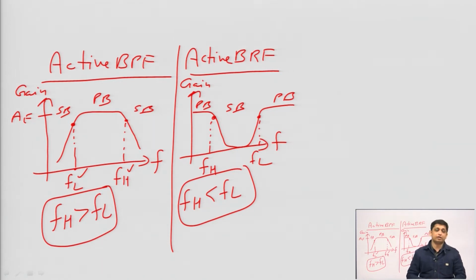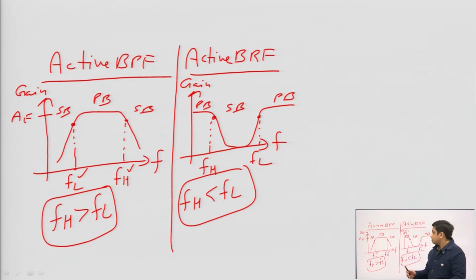We had derived the expression of the cutoff frequency FL and FH for the high pass and low pass filters, fine. So, while designing the band pass filter, FH should be greater than FL, and in band reject filter vice versa, and we can see from these graphs.